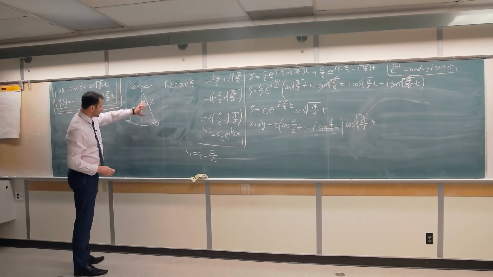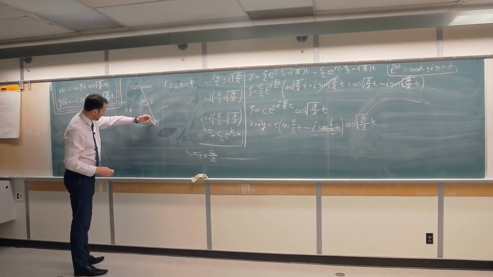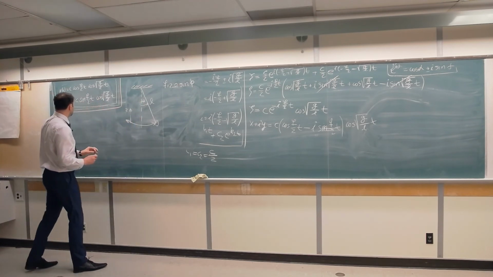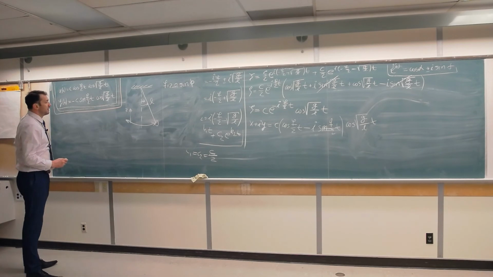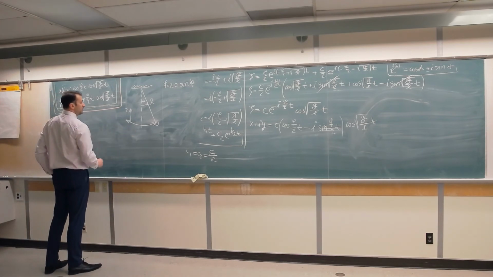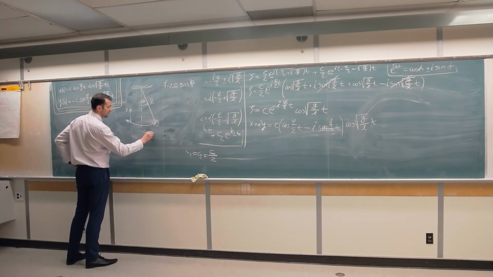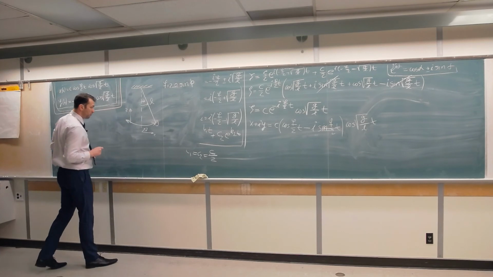If L is very large, long, theta is very small, and we carefully design this experiment, this will be the motion of the pendulum in the x and y planes, where x, I said, is like this, and y is into the blackboard.